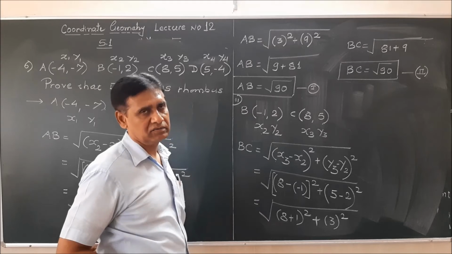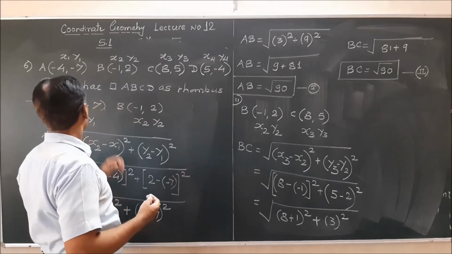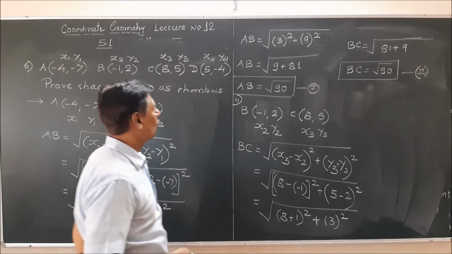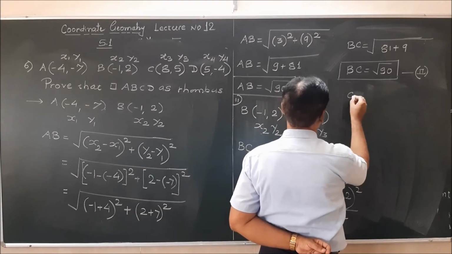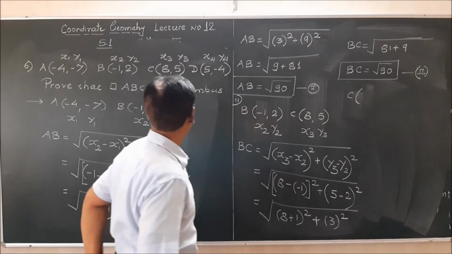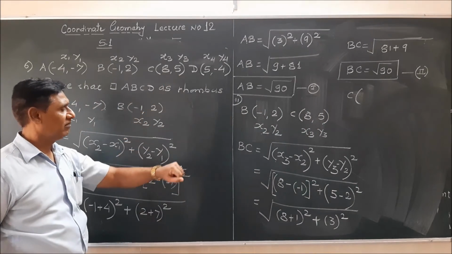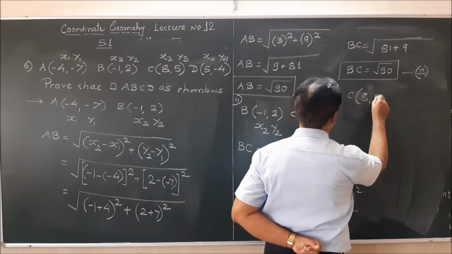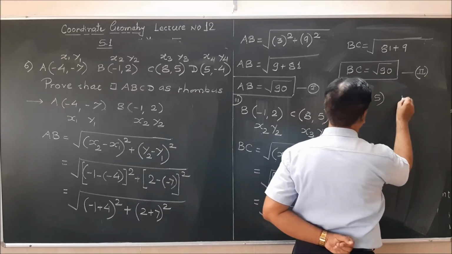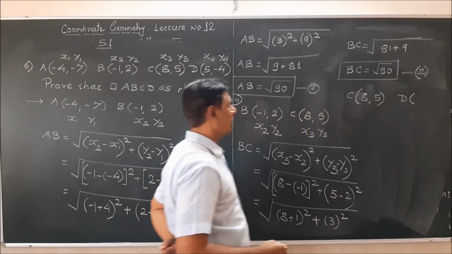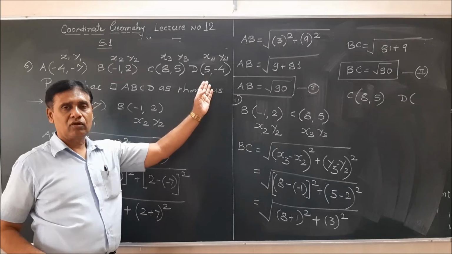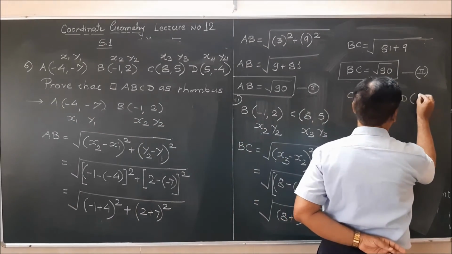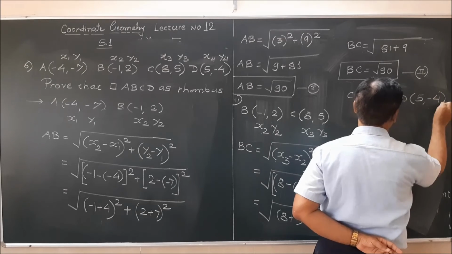Now I am going to find out the value of CD. So the coordinates of C are 8, 5, while the coordinates of D are 5, minus 4.